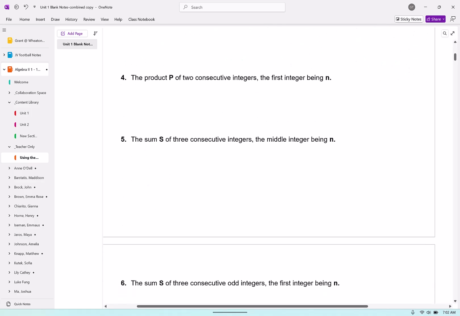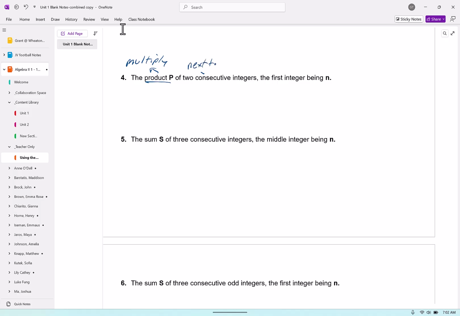All right, let's take a look at 4. There are some words in there we want to make sure we're really clear on. Product is another word for saying multiply. Two consecutive integers: consecutive means next to. Integers are whole numbers and their opposites, meaning negative numbers.